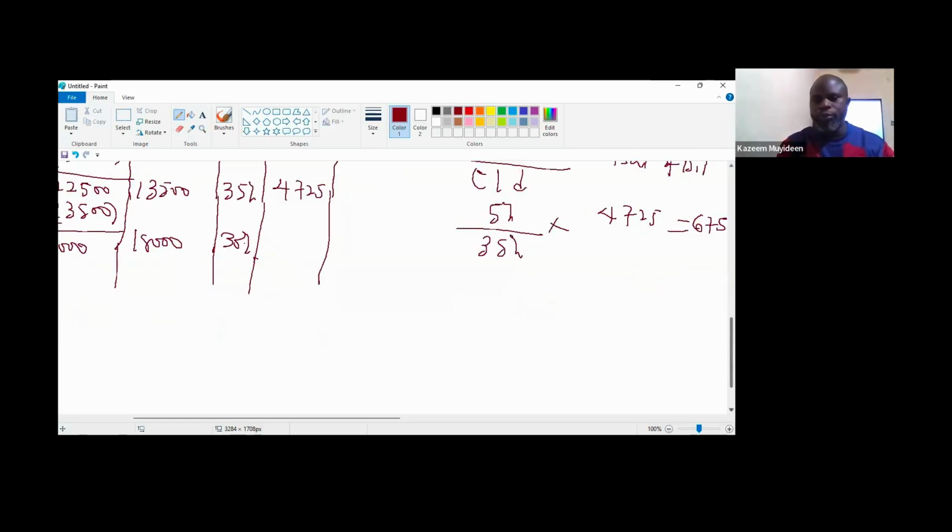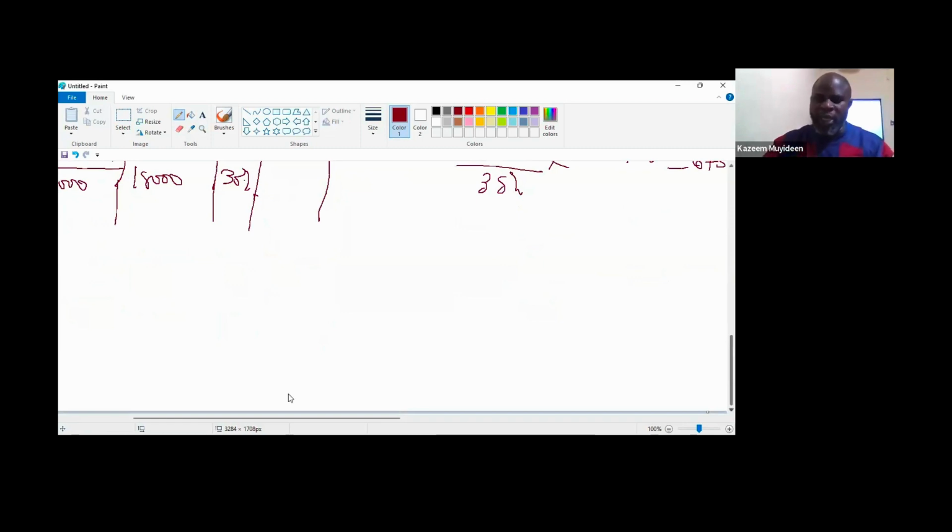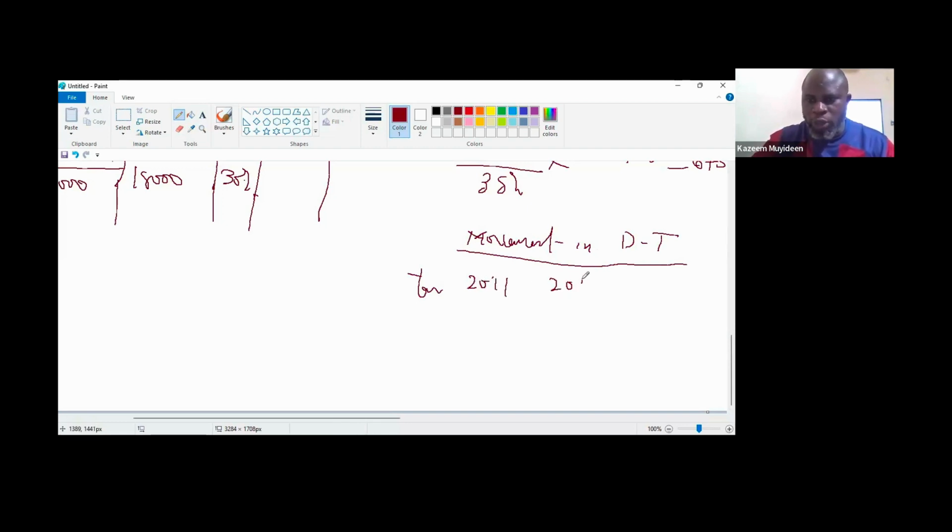Now, let's say 2011. I want to check the movement now. Movement in deferred tax. And I say year 2011, 2012. Opening balance, closing balance.